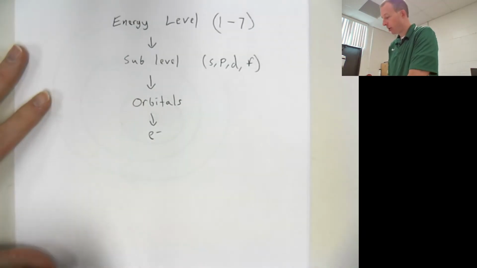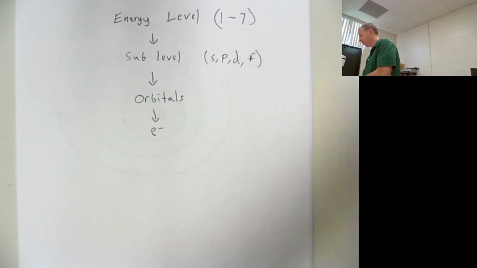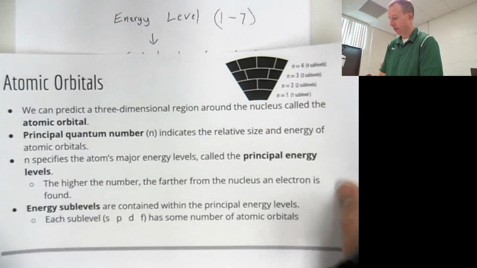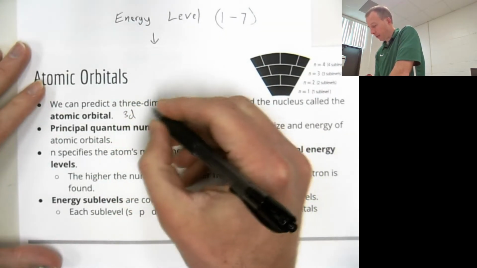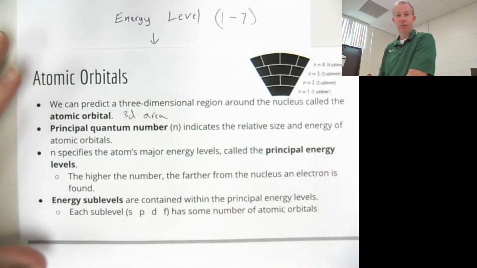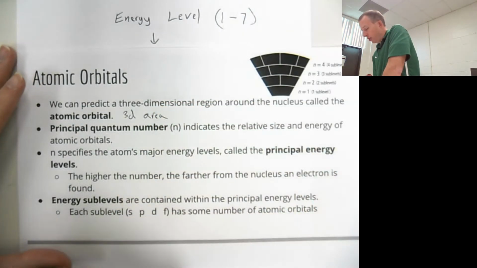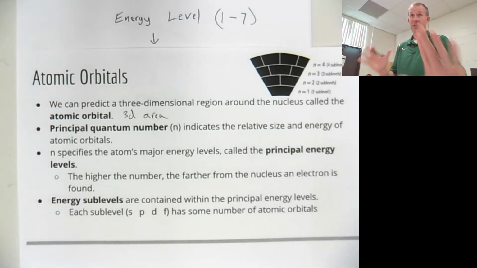It's the region where we are likely, about 90% of the time, to find an electron. So it's a three-dimensional area where you are more than likely to find a specific electron, depending on its energy.